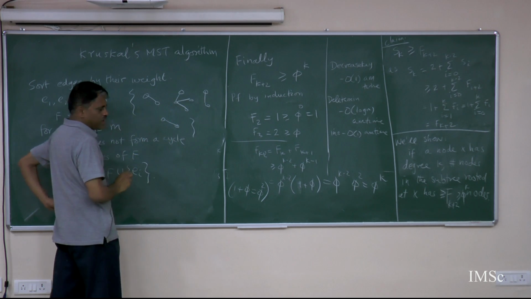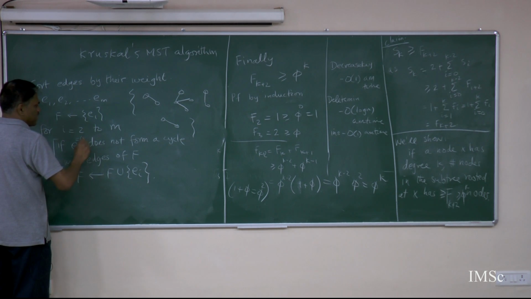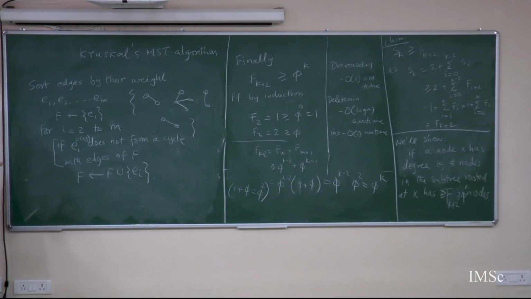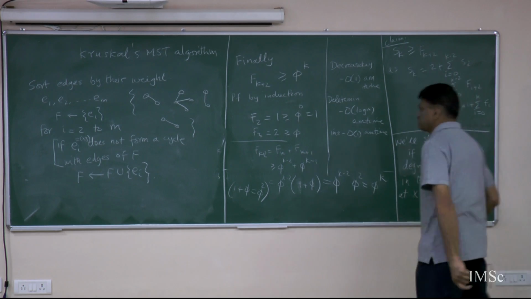Let's call this edge EI, some XY. When does it form a cycle? When does it not form a cycle? EI is the edge X comma Y. When both are in the same component or tree, it forms a cycle.